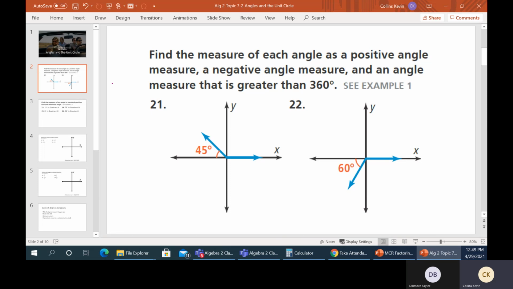Okay, so we know with circles, 360 degrees is all the way around the circle, right? When they measure angles, they start at the positive x-axis. So this would be 0 degrees right here. And then we always talk about this being a 90-degree angle, so this guy up here is 90 degrees. Over here, this is 180.